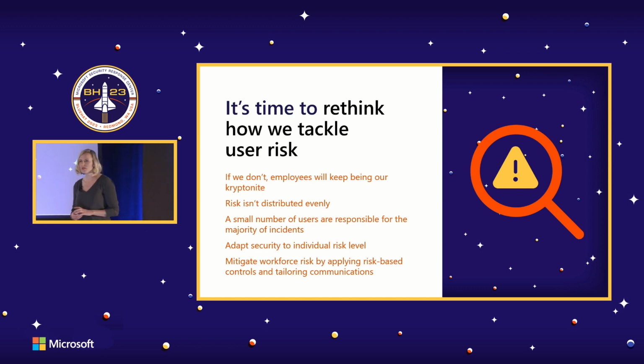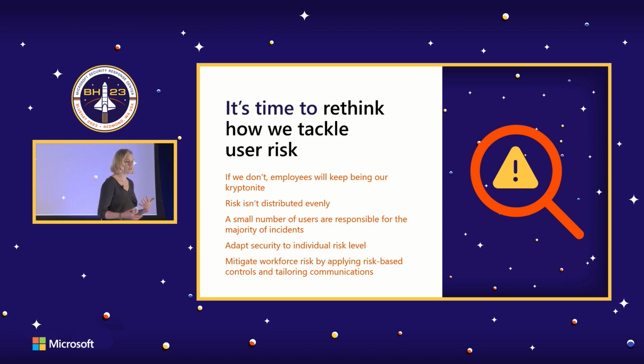There's a small number of users who are responsible for a disproportionately large number of risks in our organization. And there's absolutely a way that we can measure it. We just talked about data sets from three categories, but in the previous slide I showed you there's a lot of other inputs and data sets we can use to start thinking about user risk from multiple dimensions.